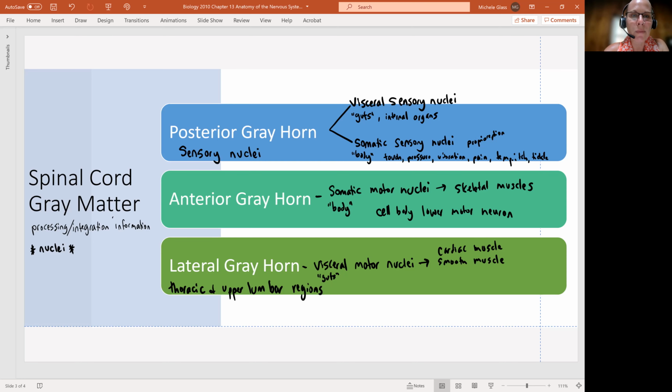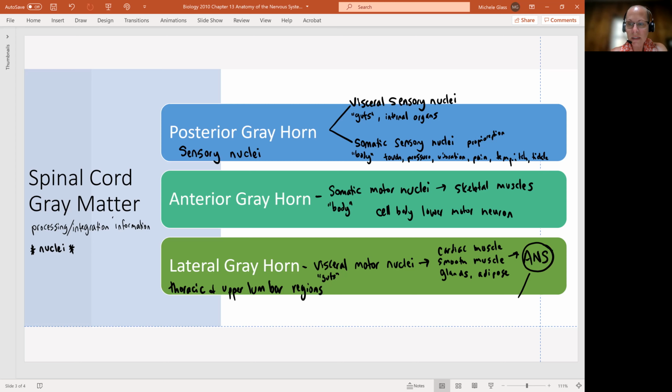And we'll see smooth muscle extending into the appendages in our blood vessels particularly. We'll also see this is the control of our glands and our adipose tissue. And hopefully you're getting the connection that this is the tissue that's being controlled by the autonomic nervous system. So the lateral gray horn, the visceral motor nuclei, is going to be this component of the autonomic nervous system.